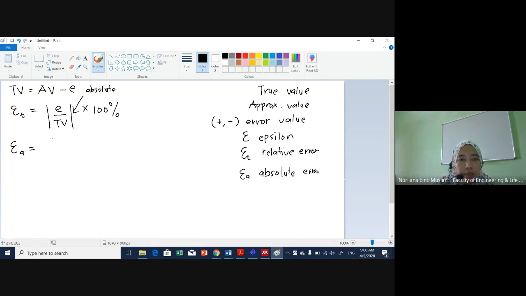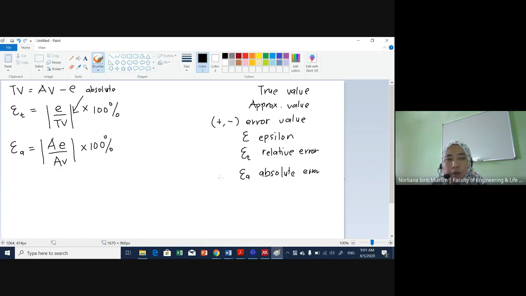The first one is approximation error divided by approximation value, times 100%.